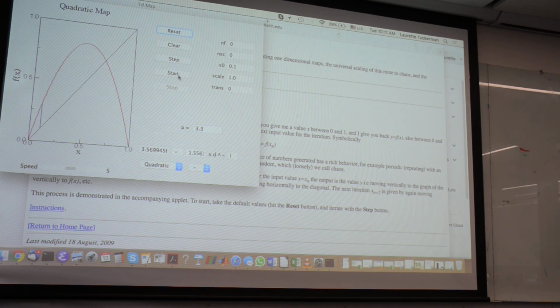Oh, I didn't mean to do that. Oh well, let me start. Okay, now let me stop, let me clear, let me start. Okay, we still have a 2 cycle. Let me stop, and I do 3.4. Reset, start.